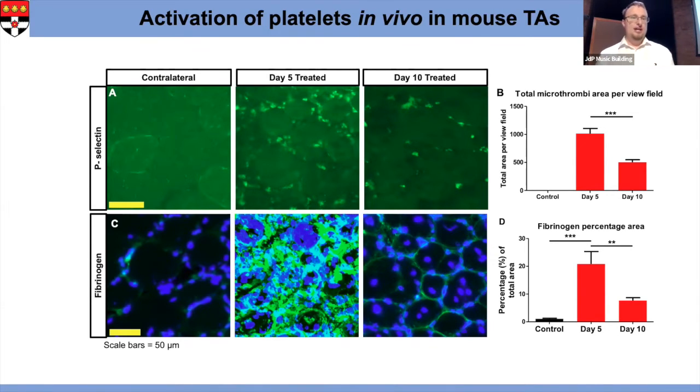So P-selectin indicates microthrombi present in the muscle tissue surrounding muscle fibers, which was present at day 5. However, it was decreased at day 10, although still present, meaning that the microthrombi had not yet been fully resolved.